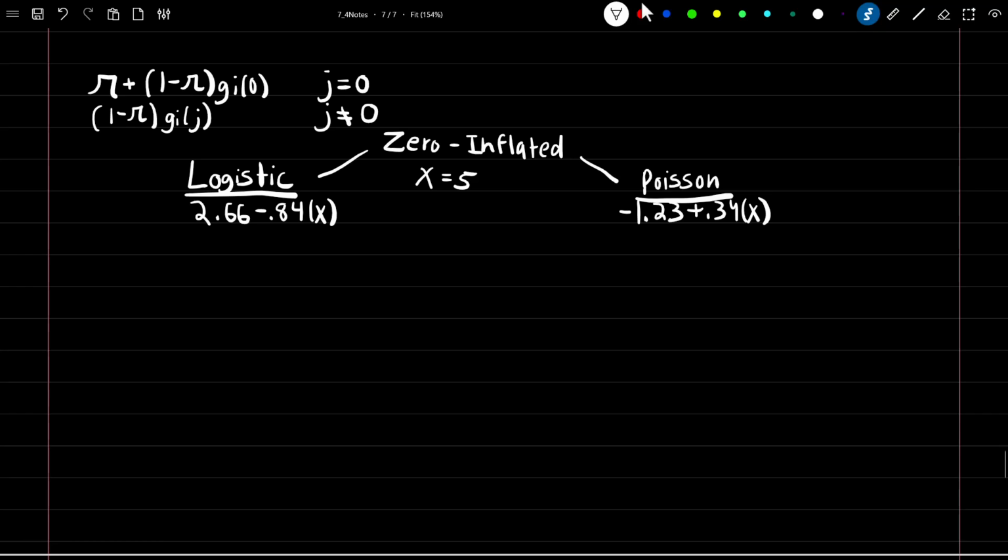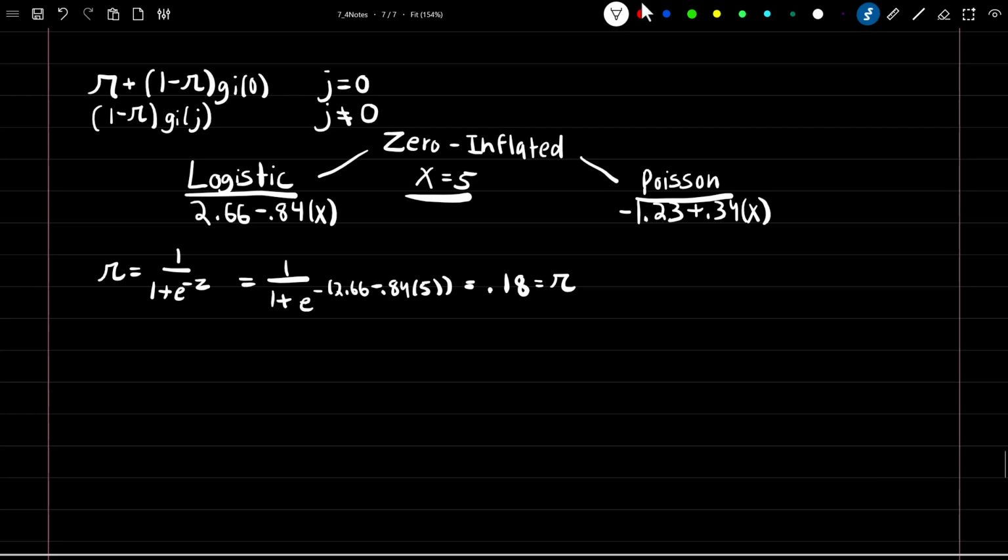So if we wanted to estimate our pi value, or the probability that we had a claim but chose not to submit it, at x is equal to 5, we're going to enter these values into our sigmoid function, which is 1 over 1 plus e to the negative z. So if we enter that into our equation, we're going to get e to the negative 2.66 minus 0.84 times 5. And this will produce a value of 0.18. So we can say that 18% of people had a claim, but they chose not to submit it.